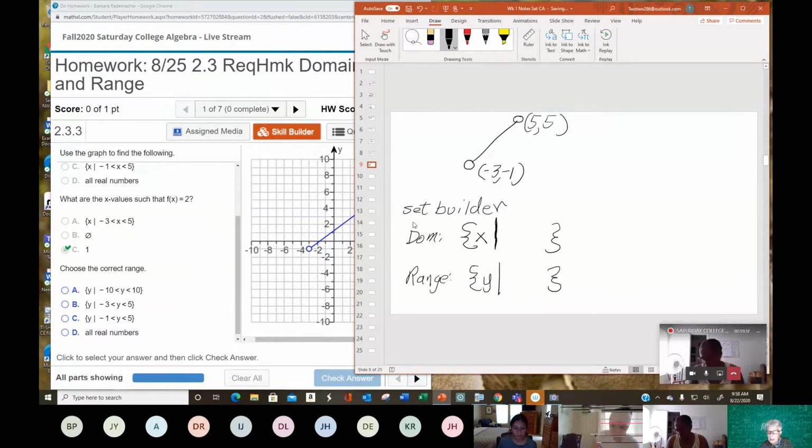So the domain we know would go, the x's go from -3, x is in the middle, to +5, because the x coordinate here is 5. The range is going to go from that -1 to this 5 right here. Now it's y that's in the middle.